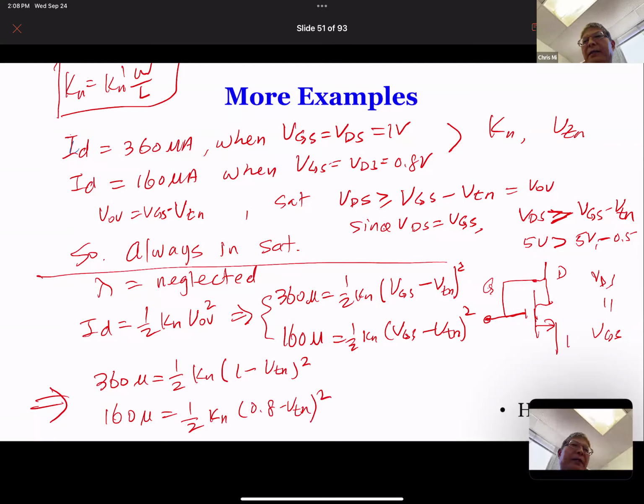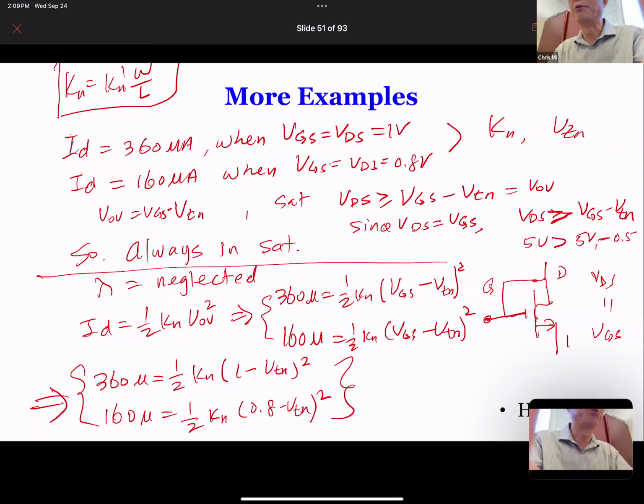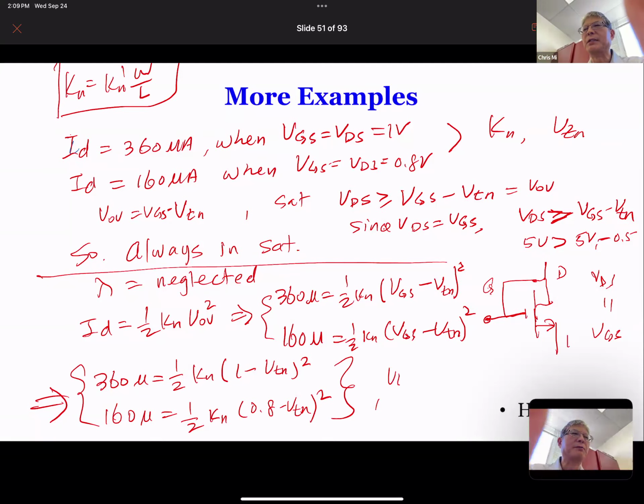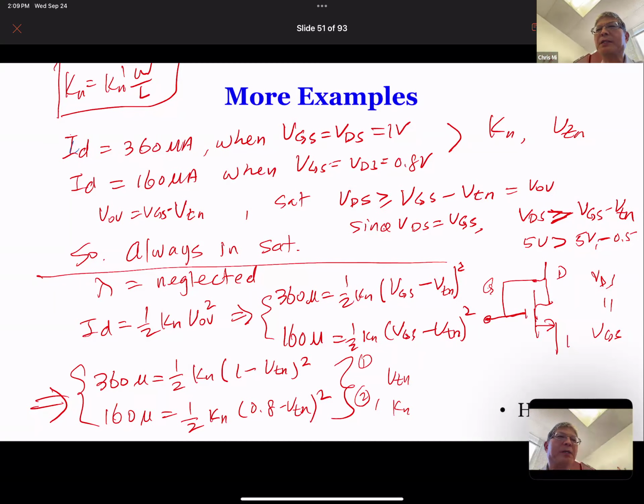If you look here, you have two equations and two variables: one variable is VTN, the other is Kn. We can solve for these. First, we can use equation 1 divided by equation 2 to eliminate Kn.